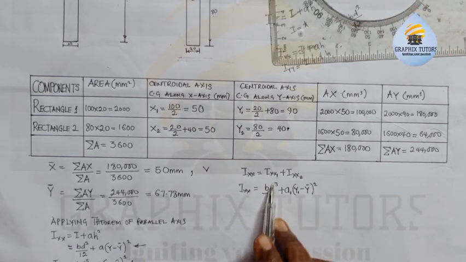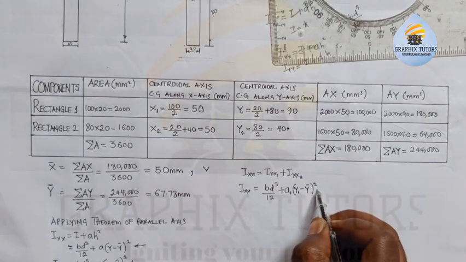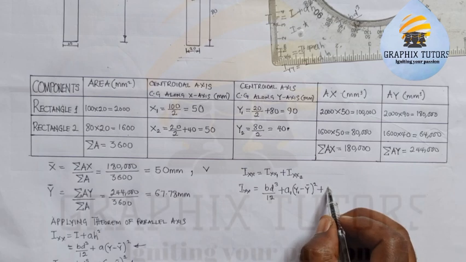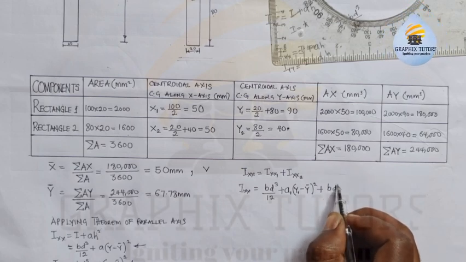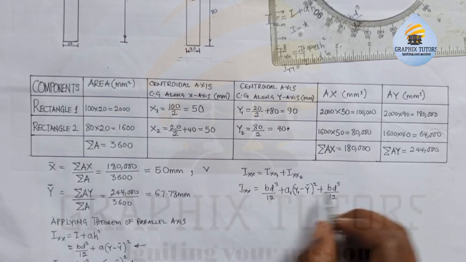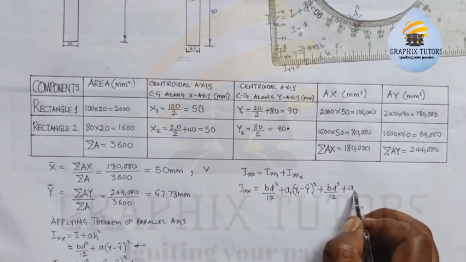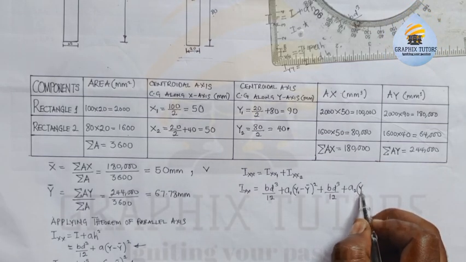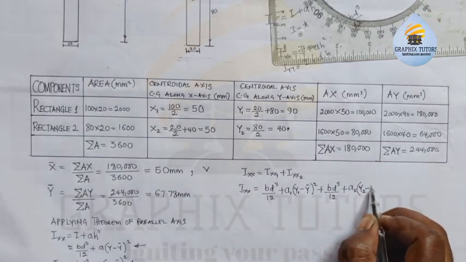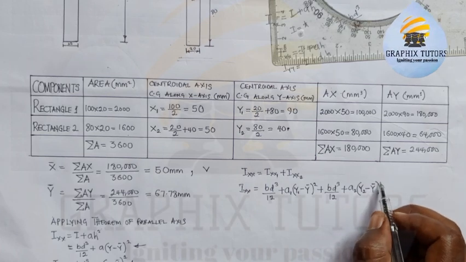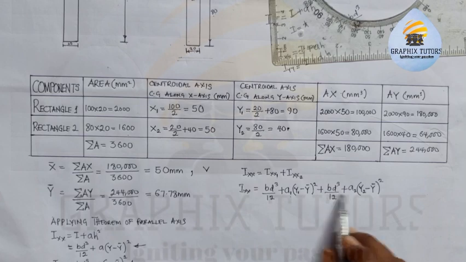That is for IXX1, plus this, which will give me IXX2, BD cube all over 12 plus A2 into brackets y2 minus y bar all square. So this is what we have here.